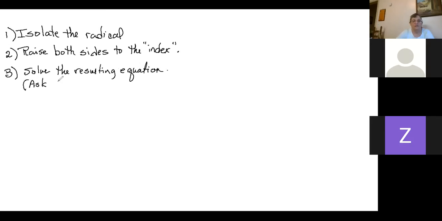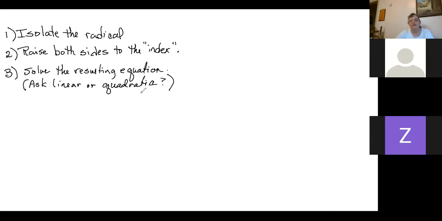Make sure you ask yourself if it's linear or quadratic, because you treat those differently. If it's linear, you want to get the x terms on one side, the constants on the other, divide by whatever x is multiplied by.